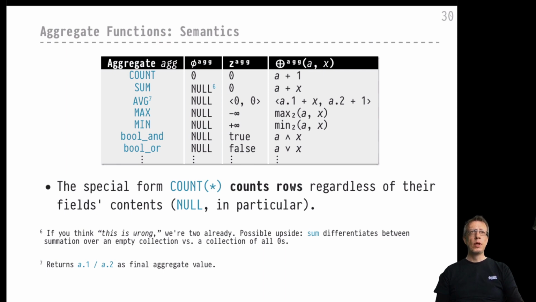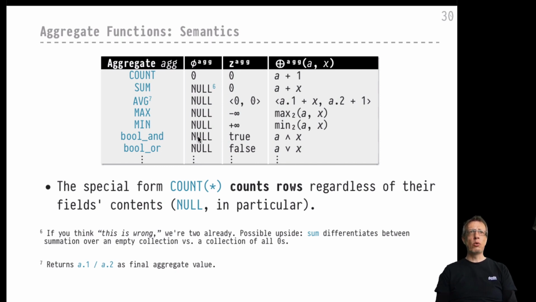Okay. There's one special form of the count aggregate that is not concerned with the actual values that are being counted. So, for example, null values will not be disregarded by this particular form, count star, while the aggregates, as I've shown you on the previous slide, normally disregard null values.